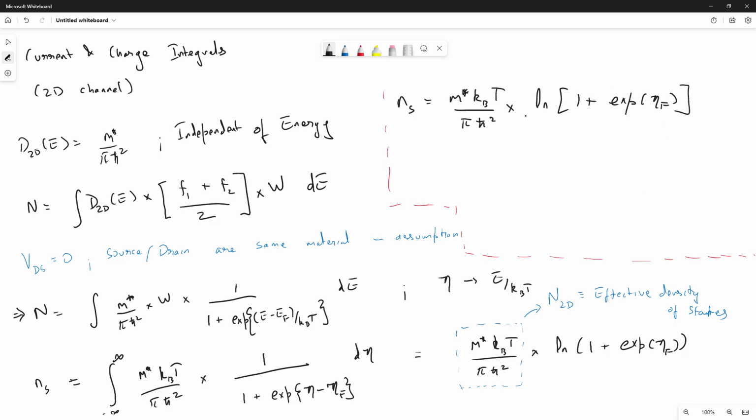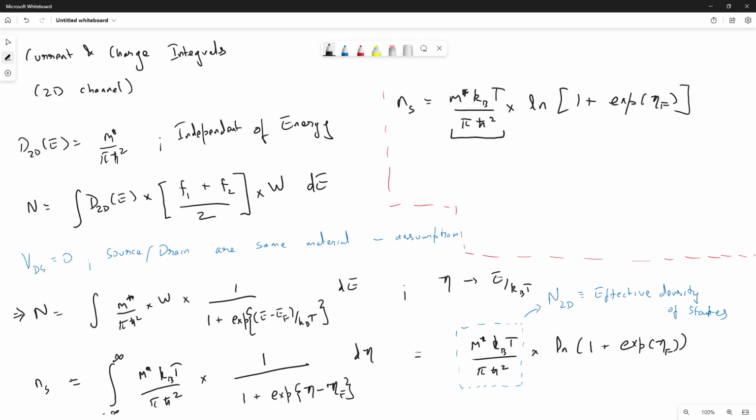Therefore, we have this expression here, natural logarithm of this quantity.